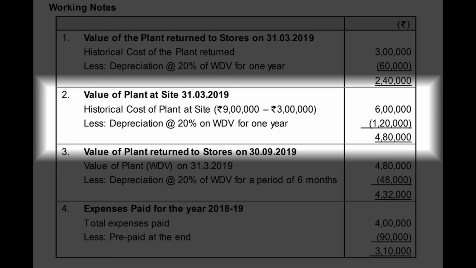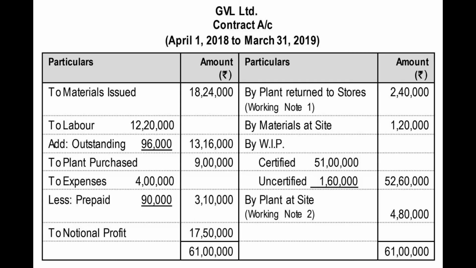The resulting figure would be written down value of plant at the site as on 31st March 2019. How much? 4,80,000. Update in the contract account credit side. Go to credit side, by plant at the site. Within the bracket write working note 2, 4,80,000.